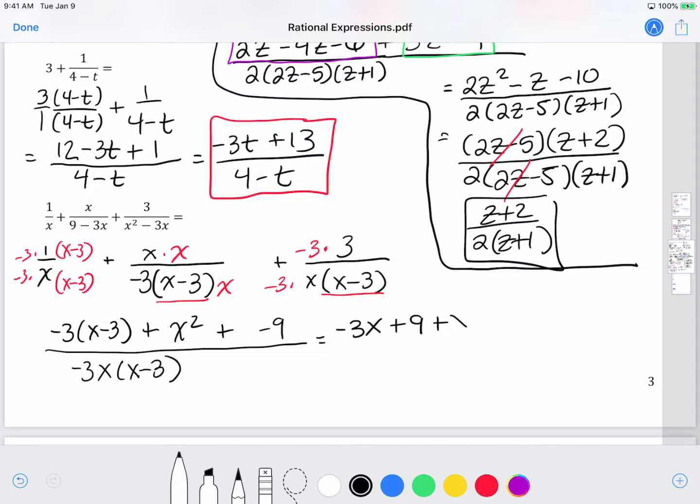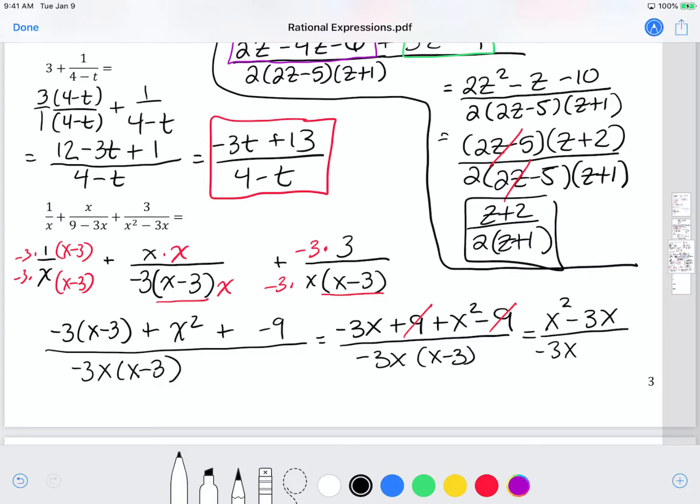And then I have plus x squared and a minus 9 all over negative 3x, x minus 3 in the denominator. The 9 and the negative 9 add to give me 0. And I'm left with x squared minus 3x all over negative 3x times x minus 3.